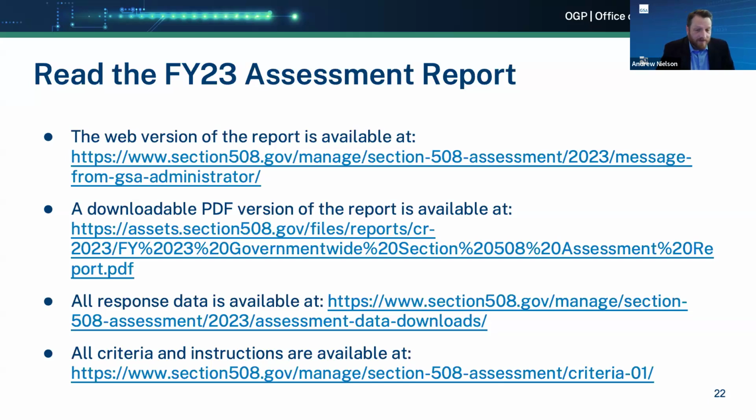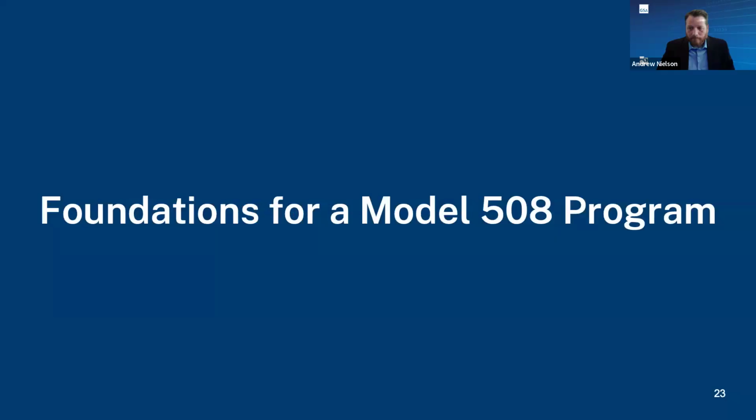Another requirement from Congress was to ensure that all of the data the agencies report is made public, and so we have not just the report there, but we have all of the raw data also available for download, so anyone can do their own analysis based on agency responses.